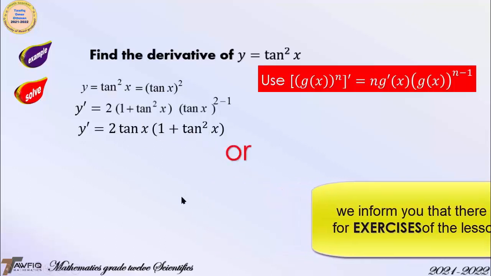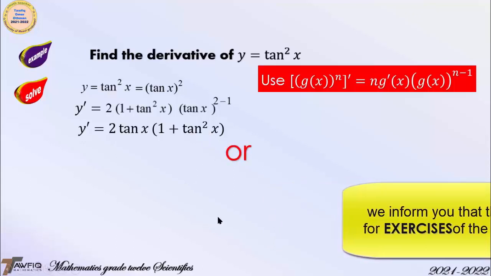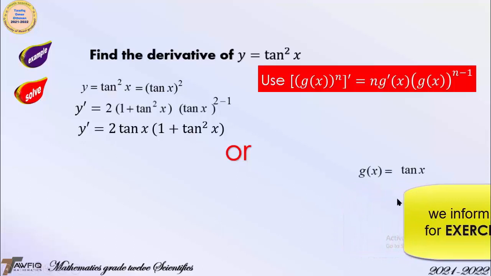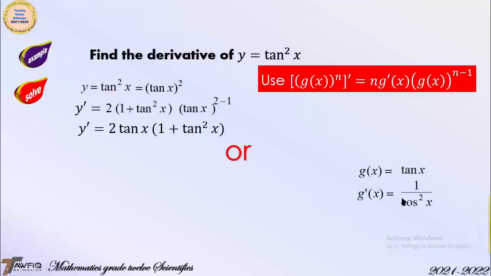We have another way to solve this one. As we know, the tangent has two rules for its derivative. g(x) is equal to tangent of x, then g prime of x is equal to 1 over cosine square x. And now y prime is equal.